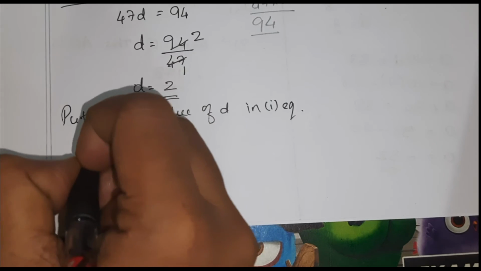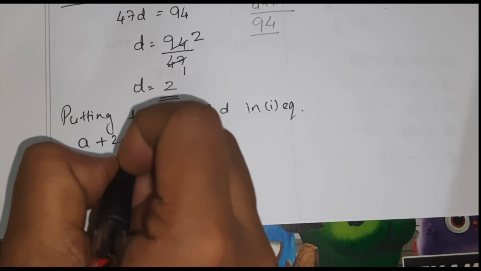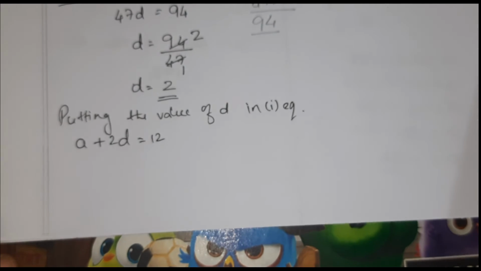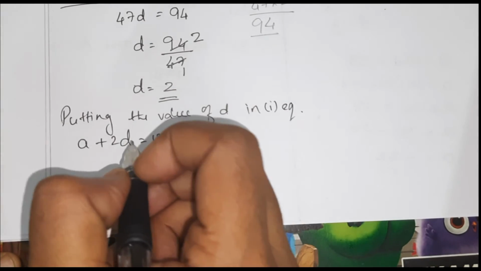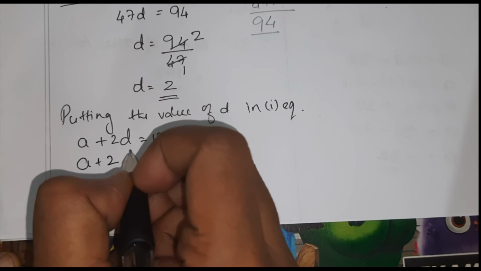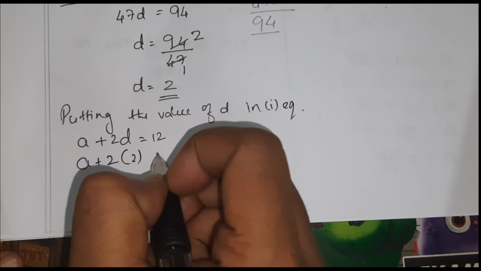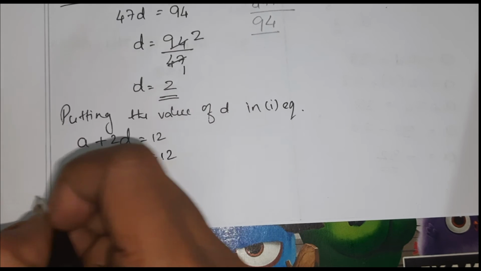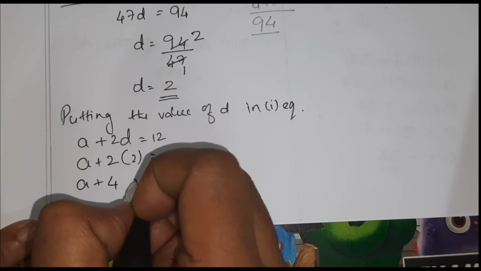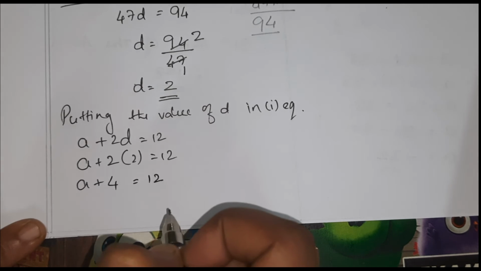A plus 2D equals 12 is our first equation. By substituting the D value, which is 2, A plus 2 twos are 4 equals 12.